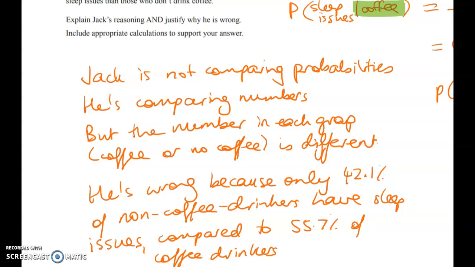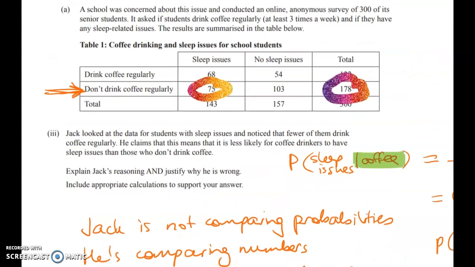So just going over it again, let's look at what Jack's claim is and how he's wrong. He looked at the data and he saw that fewer drink coffee regularly. He's seeing that by going, sorry, the people with sleep issues, fewer drink coffee regularly. All he's doing for that is comparing a 68 here and a 75 here.